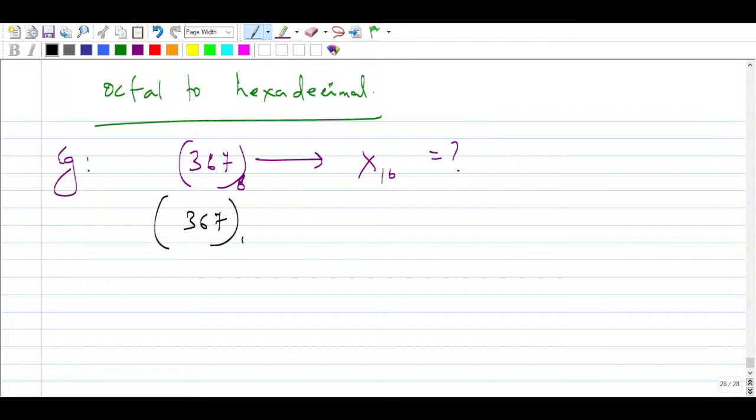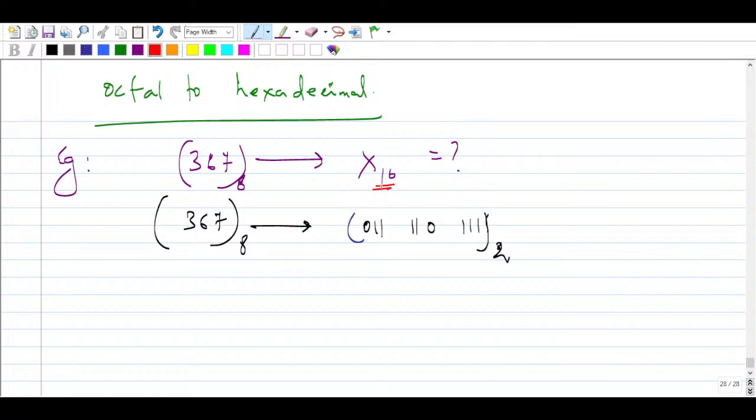For 367 to binary, you have to put the corresponding 3 bits for each digit. For 3 it is 011, for 6 it is going to be 110, and for 7 it is 111. Only 3 bits are given.